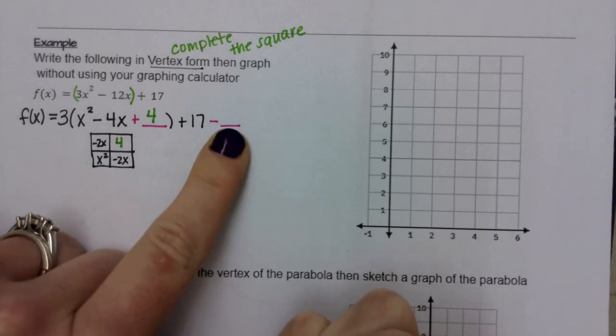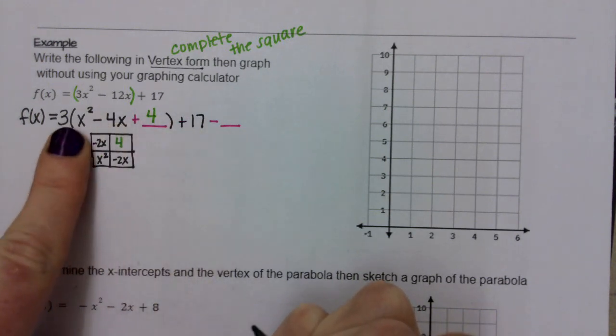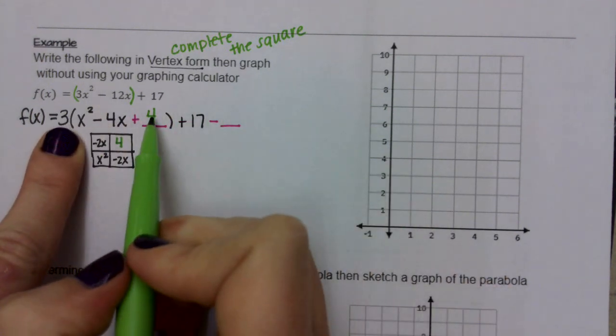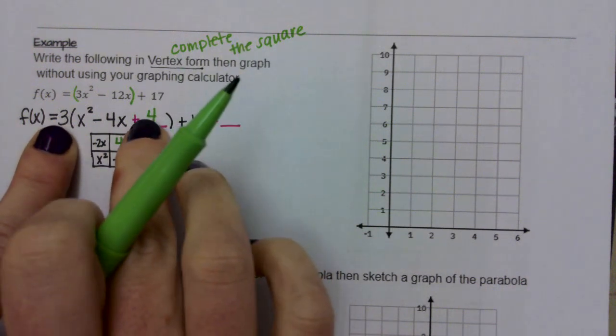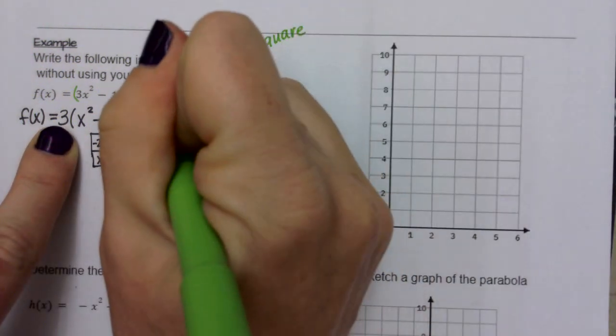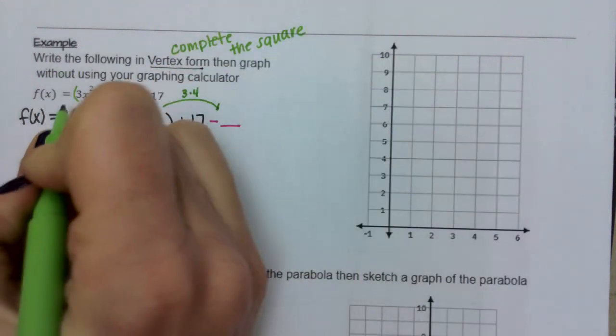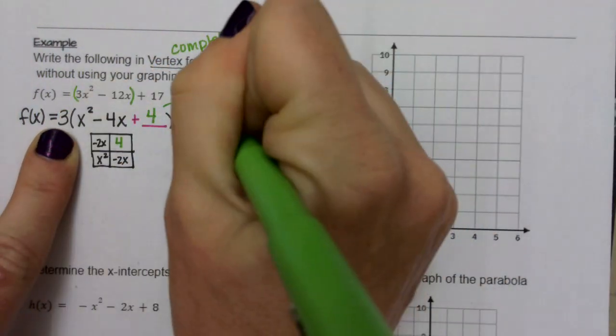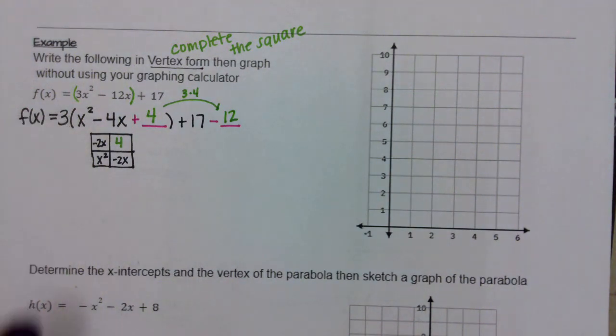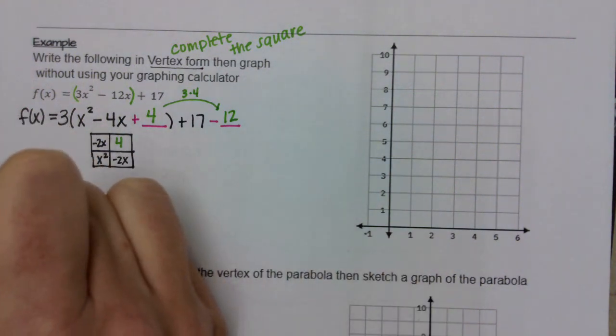Now, this is a little more complicated because of this 3 out front. So we have to put these two things together. To find this number here, we have to do 3 times 4. This number times that number, and that gets me my 12 here. Okay, now I'm going to rewrite it.